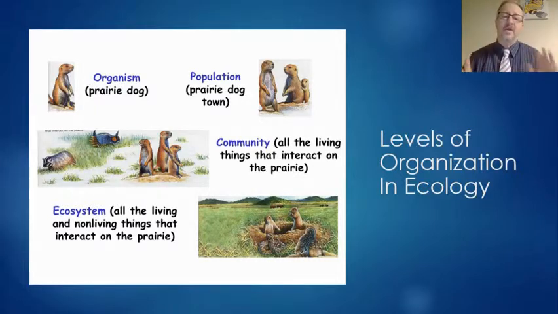Now, if we take their community, which is the living things, and we also look at the non-living things, such as the air, the sunshine, the rain, the water, which we don't see any water in the picture, but there's got to be water somewhere, right? Or they won't survive. There's also dirt and things like that. All of these things contribute to the ecosystem. So the living things and the non-living things.